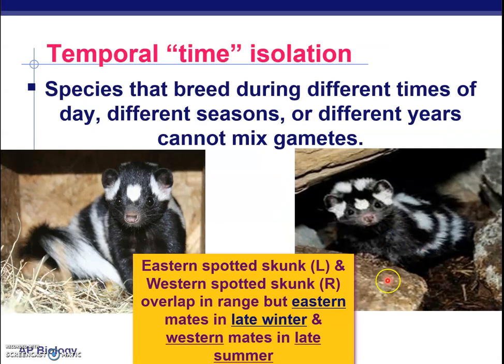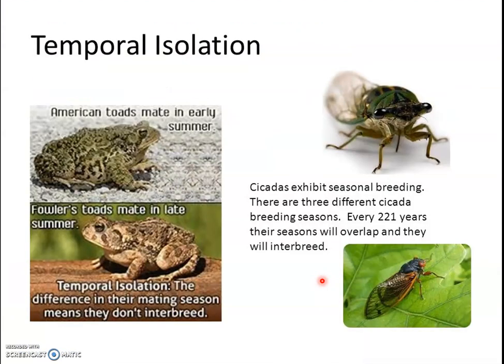There's the spotted skunk, eastern spotted skunk and western spotted skunk. They're also not able to interbreed because of this temporal isolation, because the time period of breeding is different between these two species. So this is a case of the Bufo that we have mentioned.